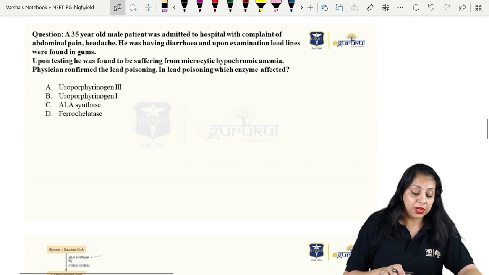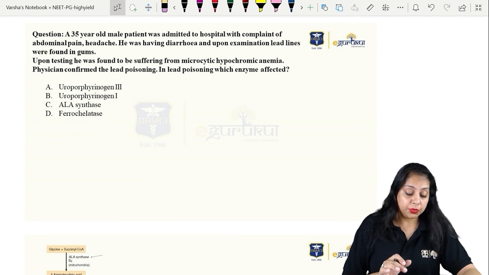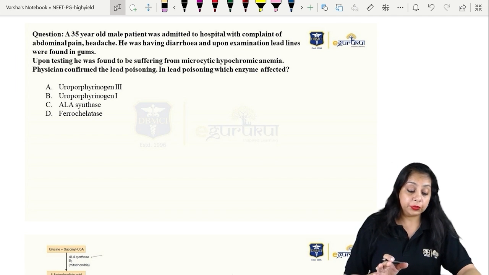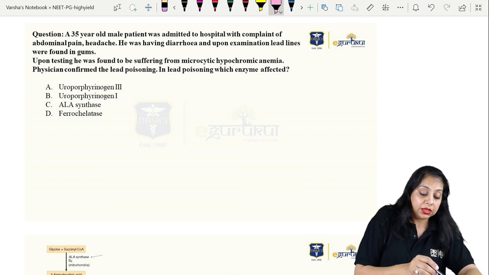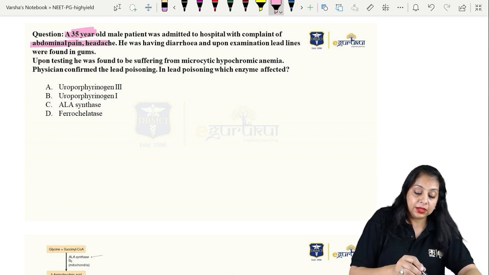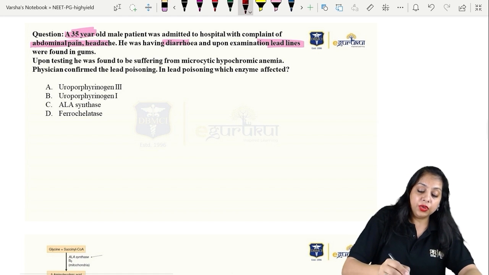Now let's move forward. There is a 35-year-old male patient admitted to the hospital with abdominal pain, headache, diarrhea, and lead lines found in the gums. So definitely we are looking at something with lead toxicity.